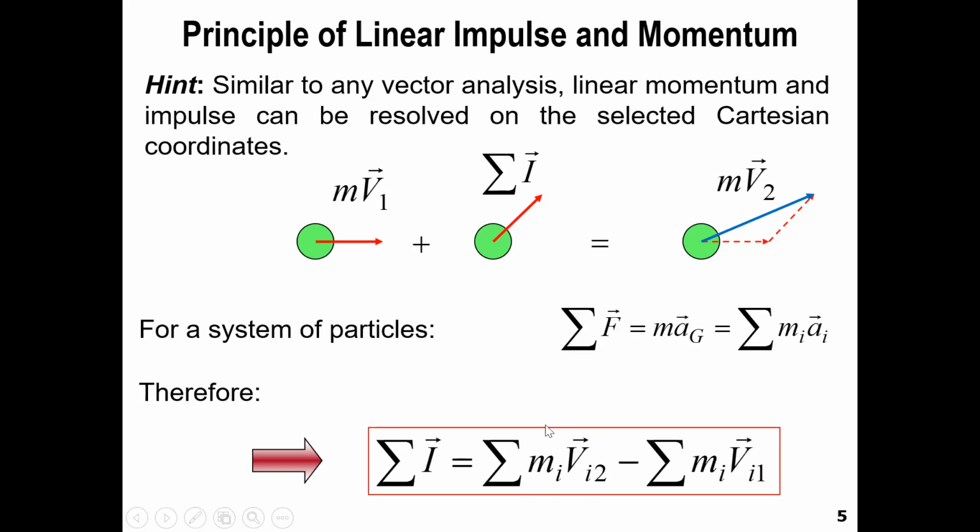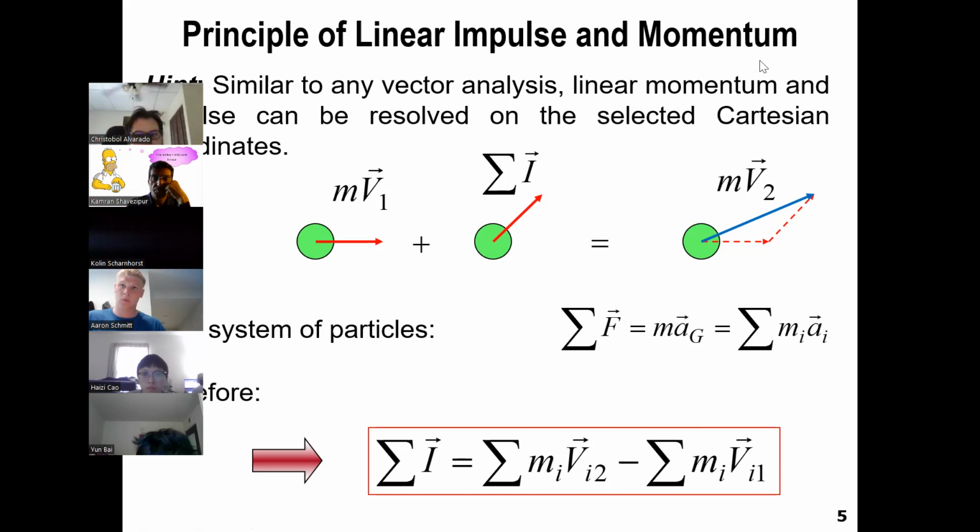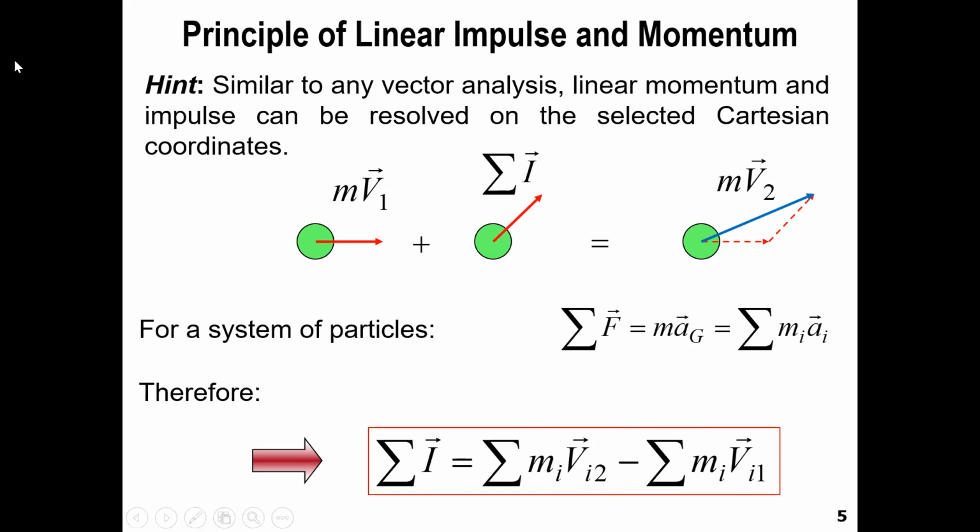Each of them has its own linear momentum, but the summation of linear momentum before impulse and after impulse is related like this. That is how we could have a system of particles.